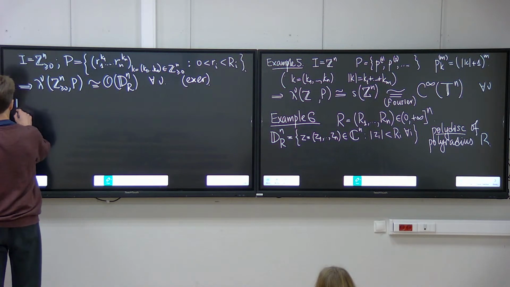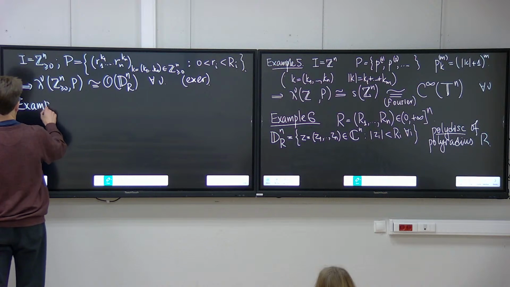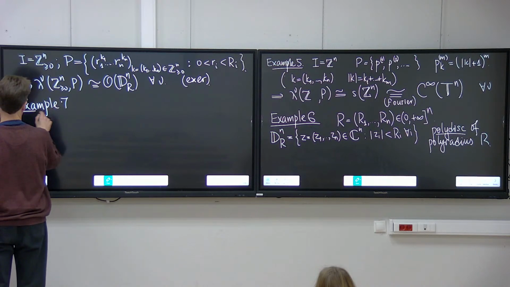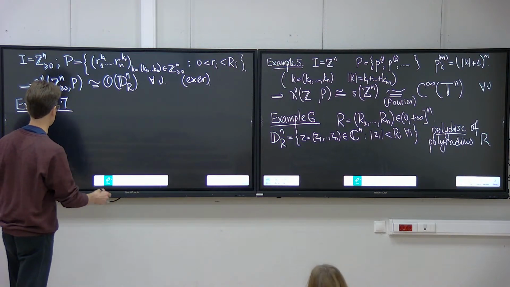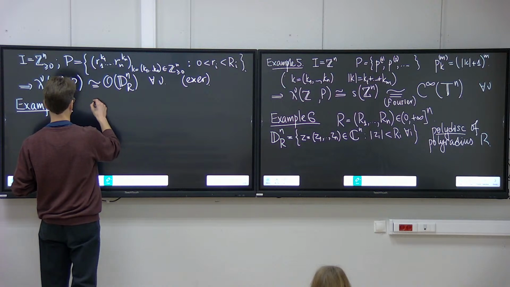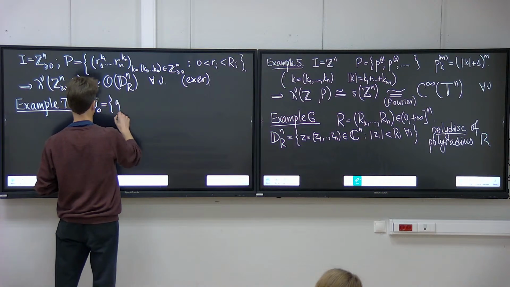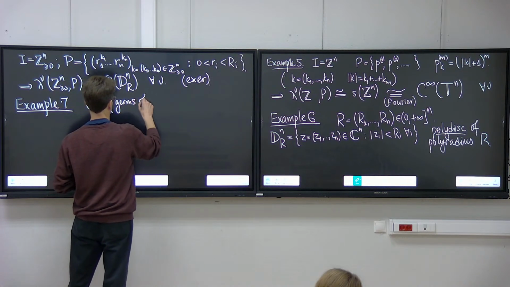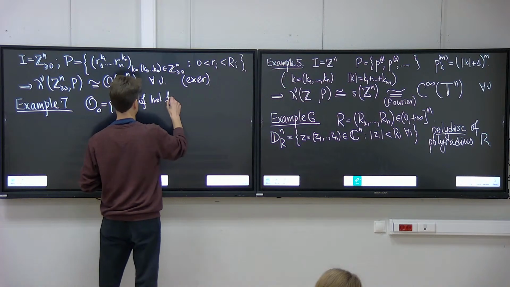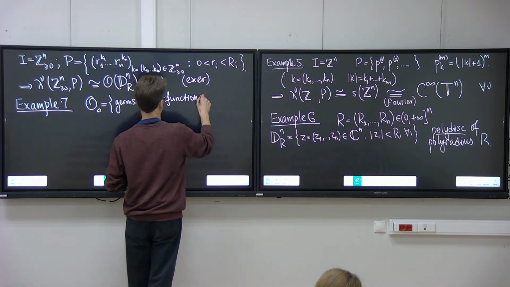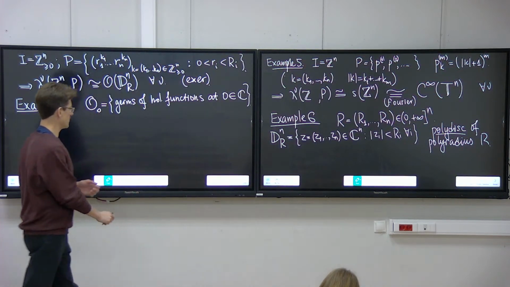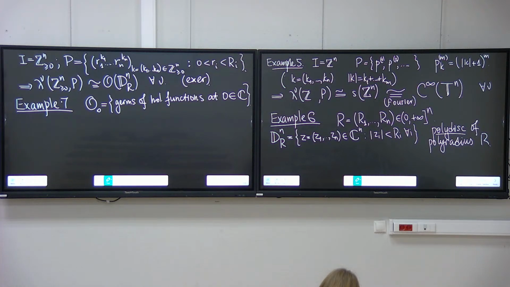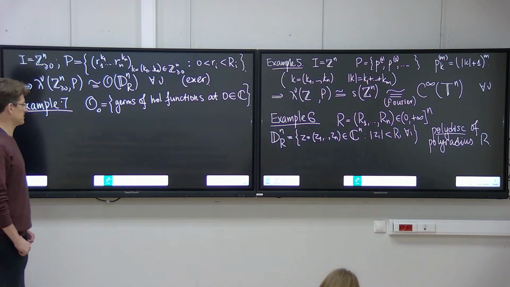Well, our last example, example 7, is the space of germs of holomorphic functions at a point on the complex plane. So let's denote the space by O sub 0, the space of germs of holomorphic functions at the origin on the complex plane. We know that this is a locally convex space for the canonical inductive limit topology.